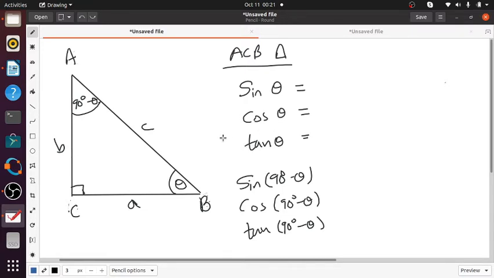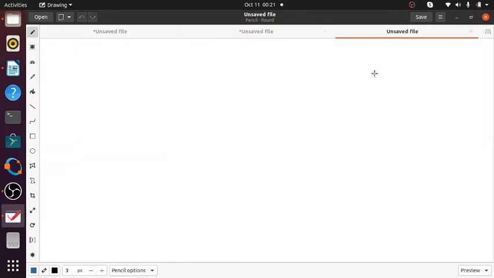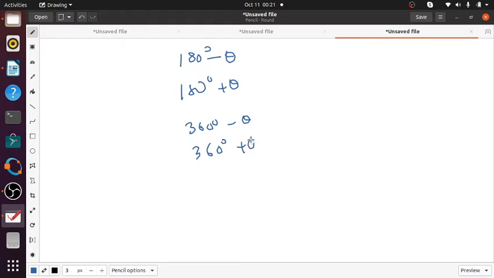So in the last class we discussed 180 minus theta, 180 plus theta, then 360 minus theta and 360 plus theta.